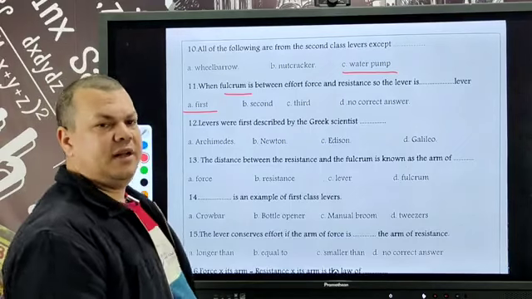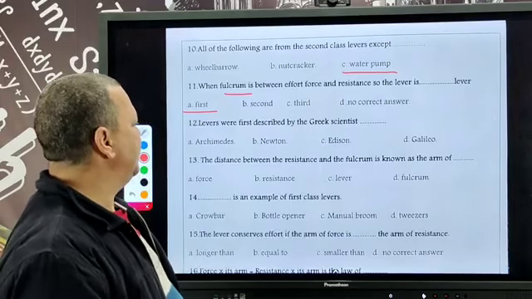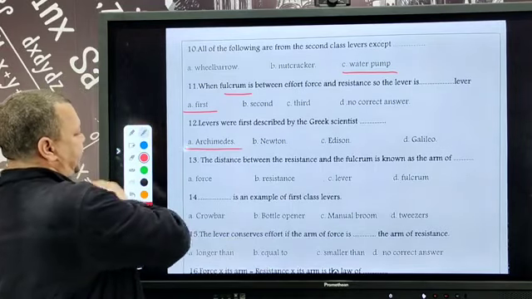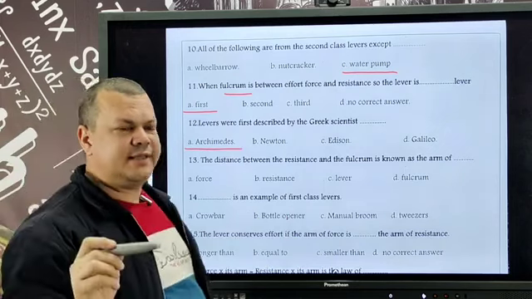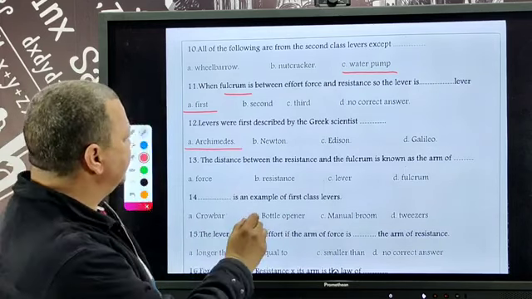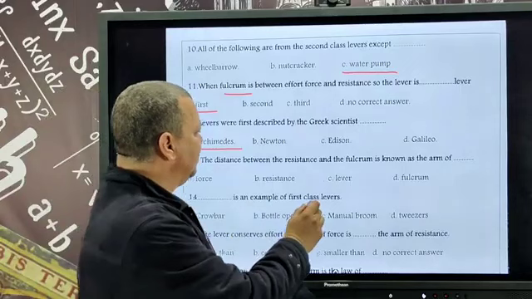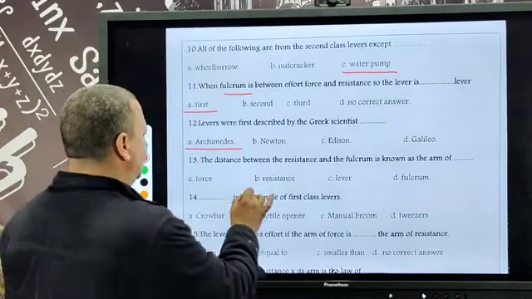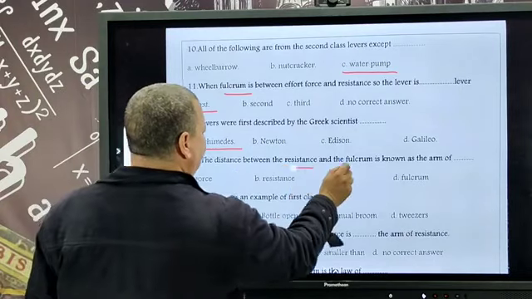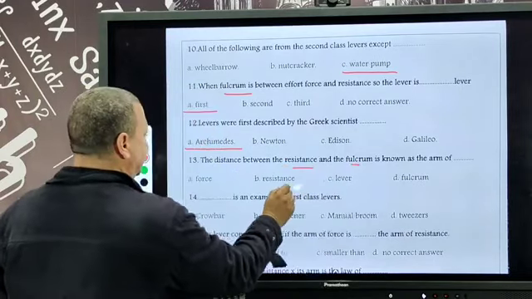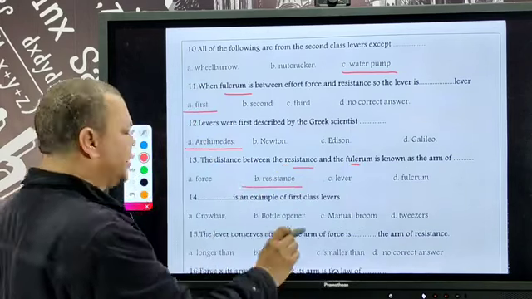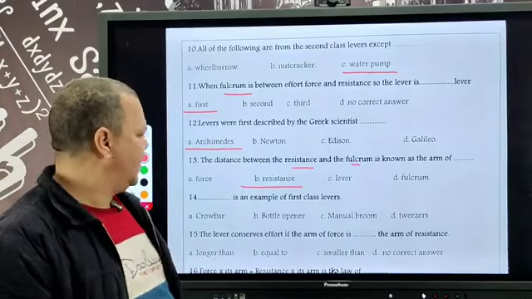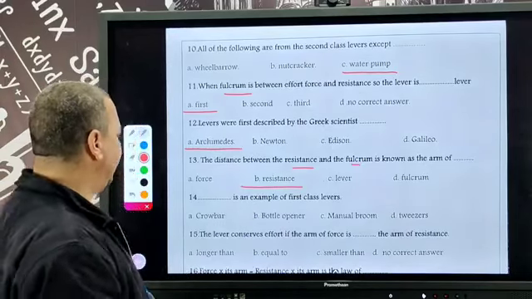Number 12: levers were first described by a Greek scientist called Archimedes. 13: the distance between resistance and the fulcrum is known as the arm of. between resistance and the fulcrum يبقى إذا arm of resistance. Question number 14: space is an example of first class lever. first class lever طبعا هنلاقي الكرو بار.